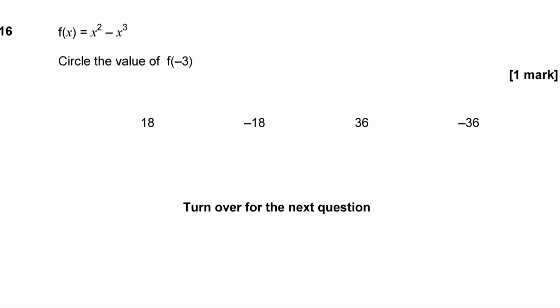In question 16, we're given the function f of x, which is equal to x squared minus the cube of x, and we need to circle the value of f of minus 3. Right, f of minus 3 is going to be where we take x and we replace it with minus 3. So negative 3 squared minus negative 3 cubed.